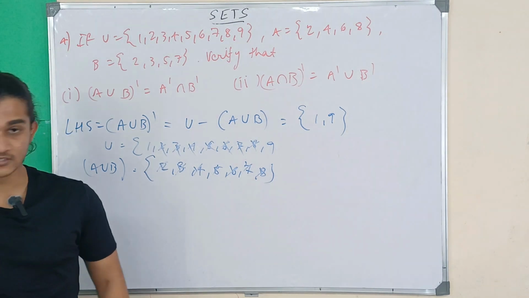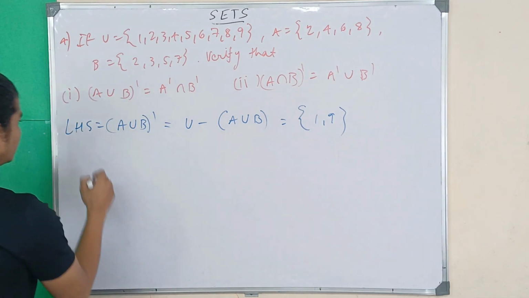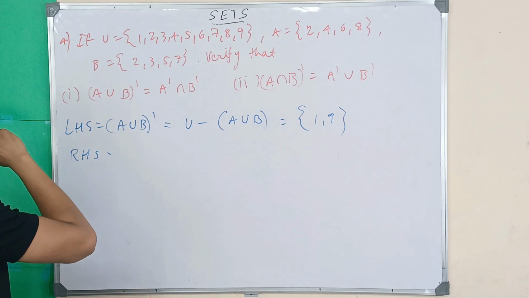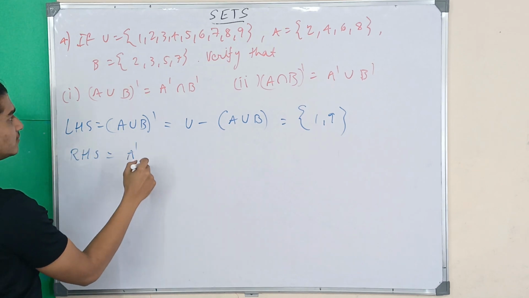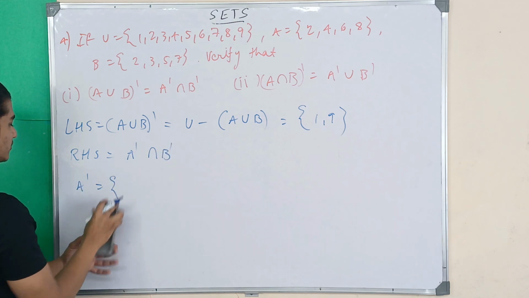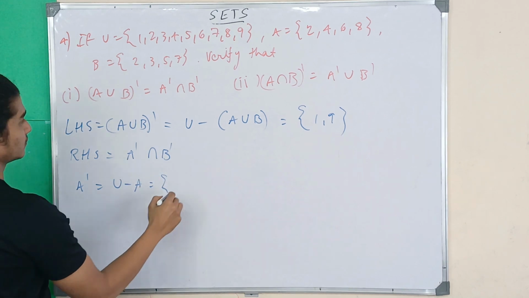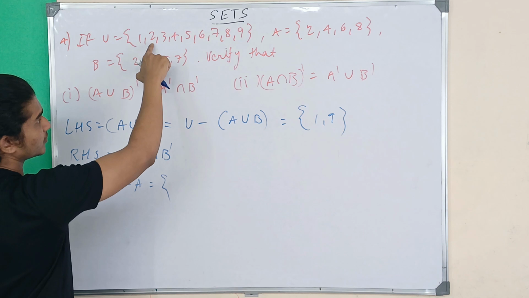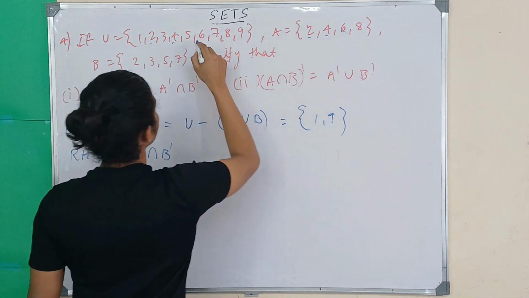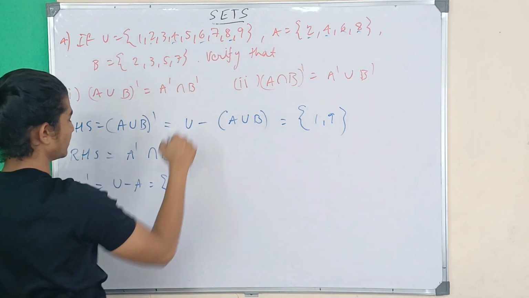Now let us find the RHS. Right hand side RHS, left hand side LHS, we got 1, 9. RHS is A complement intersection B complement. First find A complement, which is U minus A, so everything apart from A. So we have to write 1, 3, 5, 7, 9 as our answer.